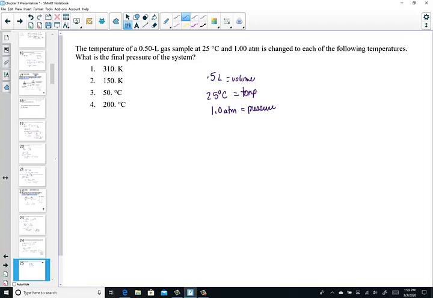The temperature of a 0.5 liter gas system at 25 Celsius and 1 atmosphere is changed to each of the following temperatures. What is the final temperature? What is the final pressure?